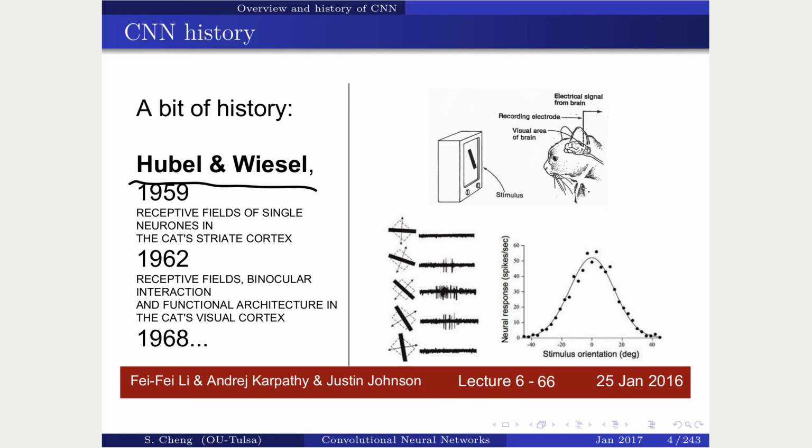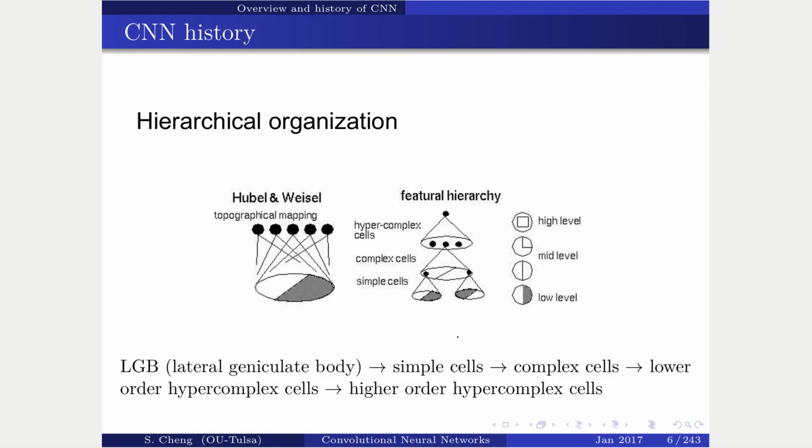By accident they saw a line there, and managed to get all this activation somehow. They also conjectured that they had seen some hierarchy in the visual cortex, from the so-called lateral geniculate body, simple cells, complex cells, and then higher and higher orders and so on.